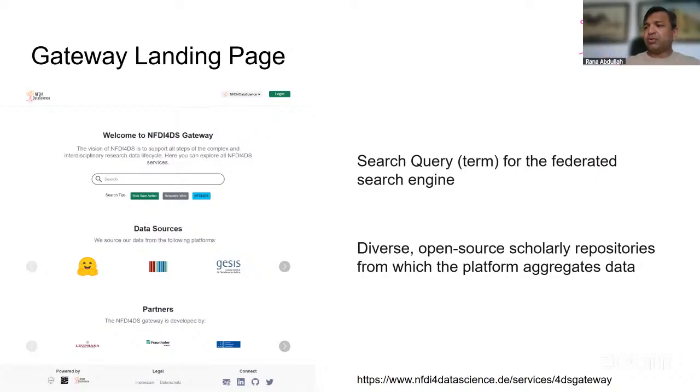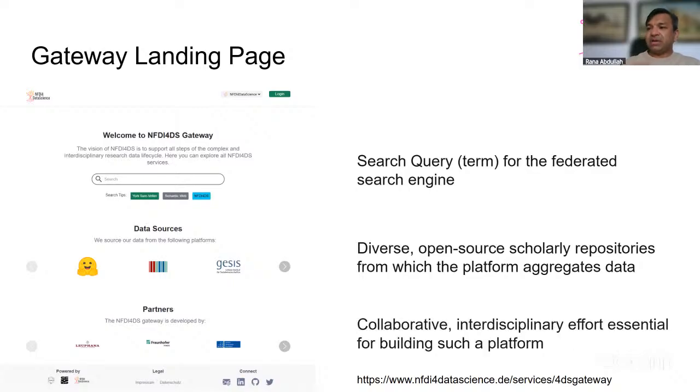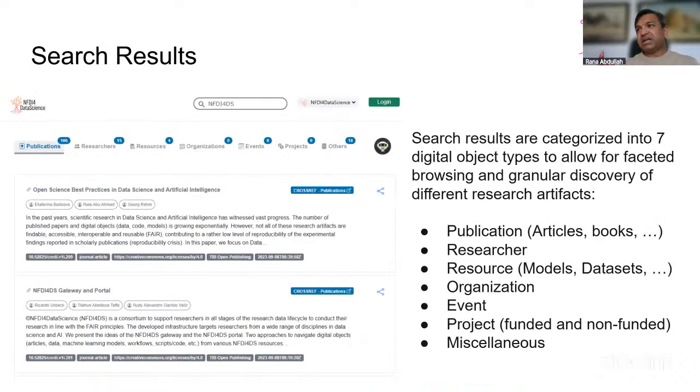In the third block, we can see the partners we are collaborating with for the active development of this platform. Once the user clicks on the search button, the results are shown in this kind of format.